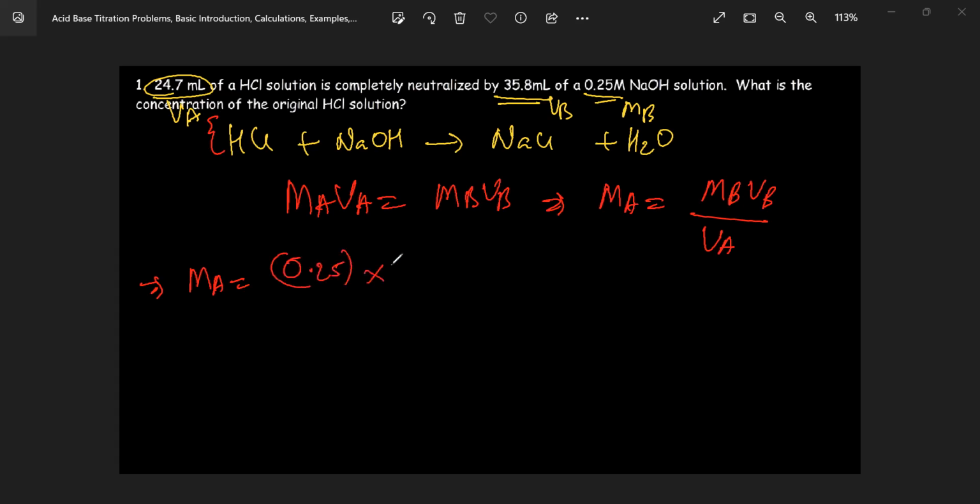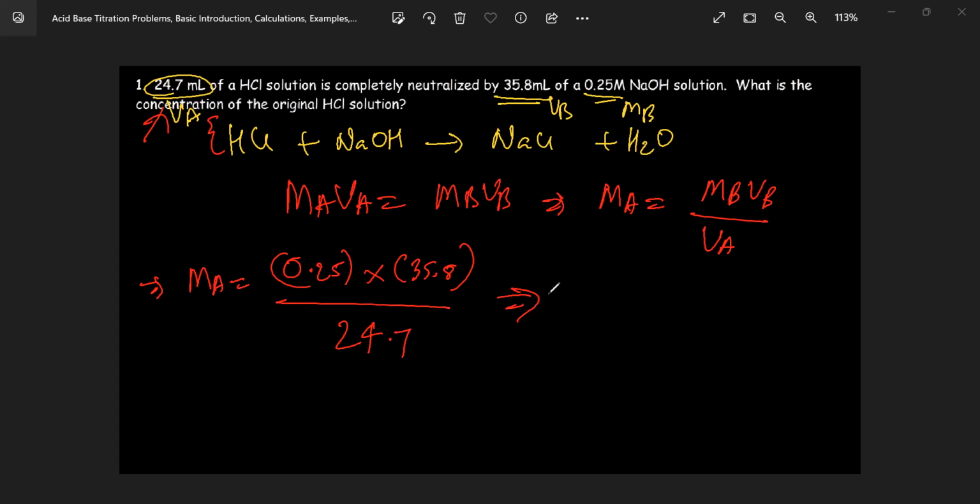Then this has to be multiplied into the volume of base, and the volume of base is 35.8 ml, right? This has to be divided by the volume of acid, and volume of acid, as you can see, is 24.7 ml. So let us write 24.7 ml as well. Okay.